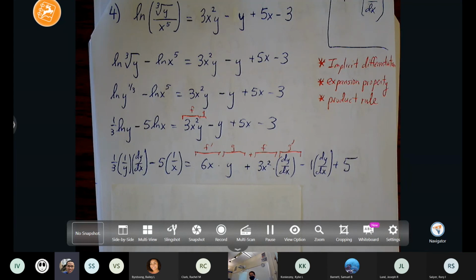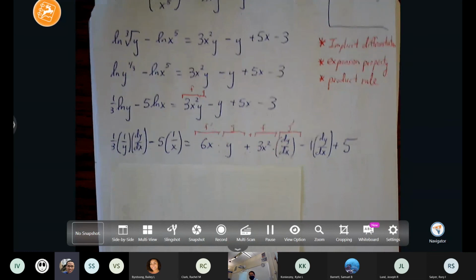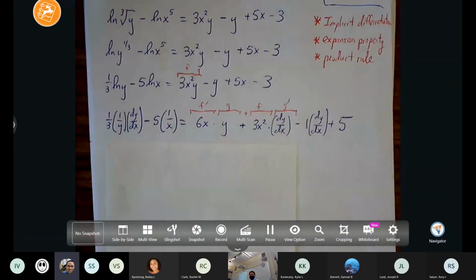5x becomes 5. 3 goes away to 0. So that completes our derivative process. The rest is just trying to get that dy dx by itself, right? Okay, so we're just adding and subtracting a bunch of terms, kind of moving things around.